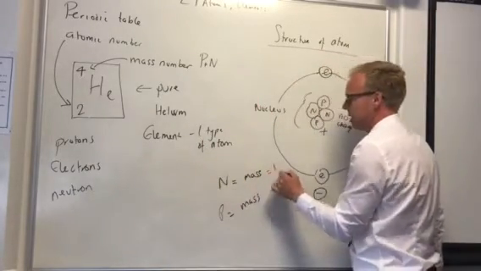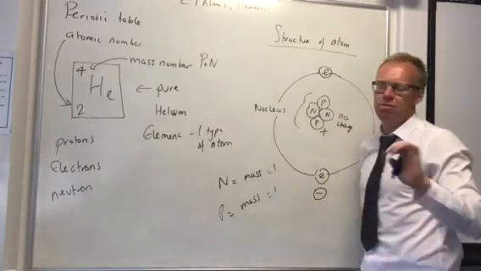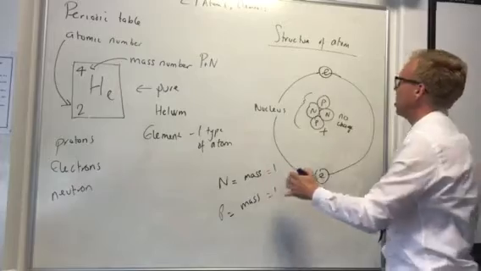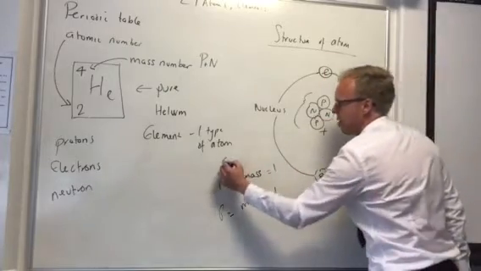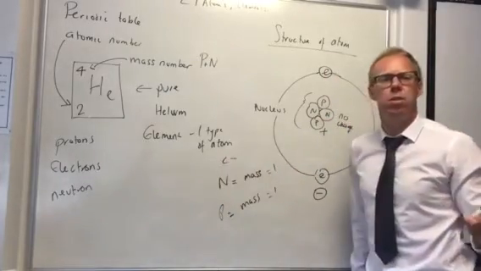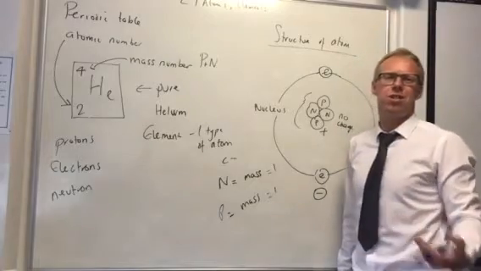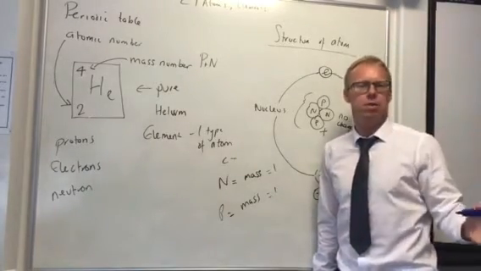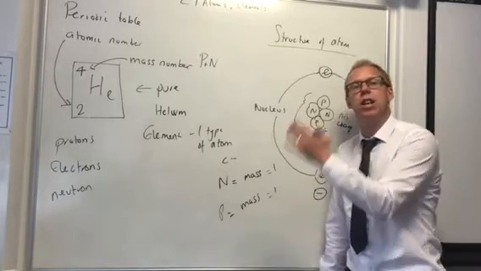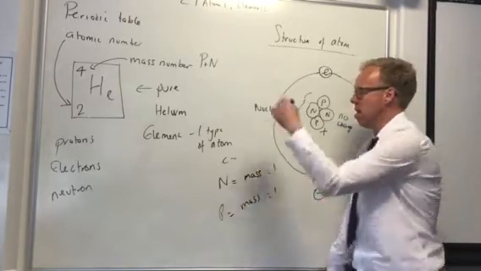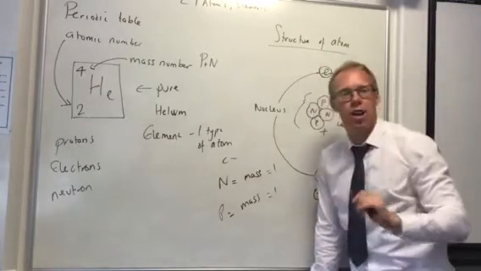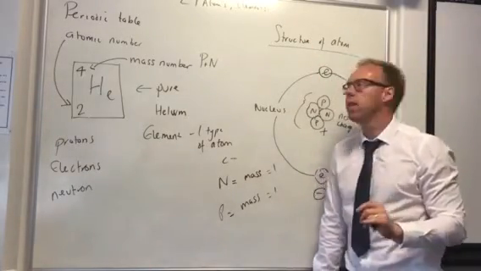Each has a mass of 1. Let's not talk what that 1 means, but just call it mass of 1. And the concept is that the electrons have almost negligible mass. Now I don't write no mass, not correct, but tiny mass, very negligible amounts of mass. They don't weigh anything. And it's a classic question where you get the table, protons, neutrons, electrons, and it says charge, and then mass.